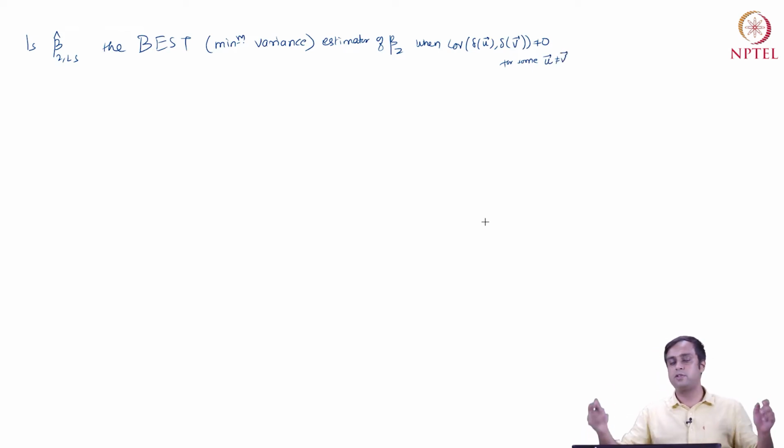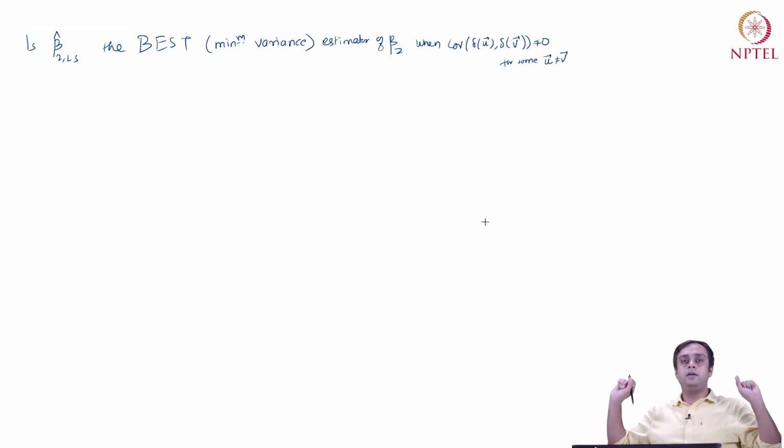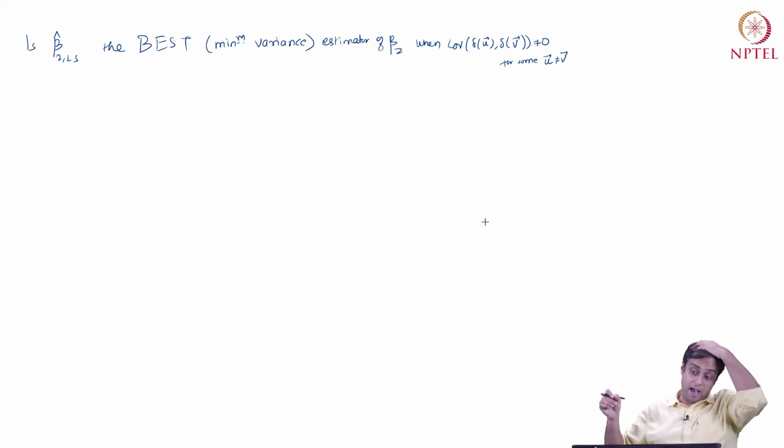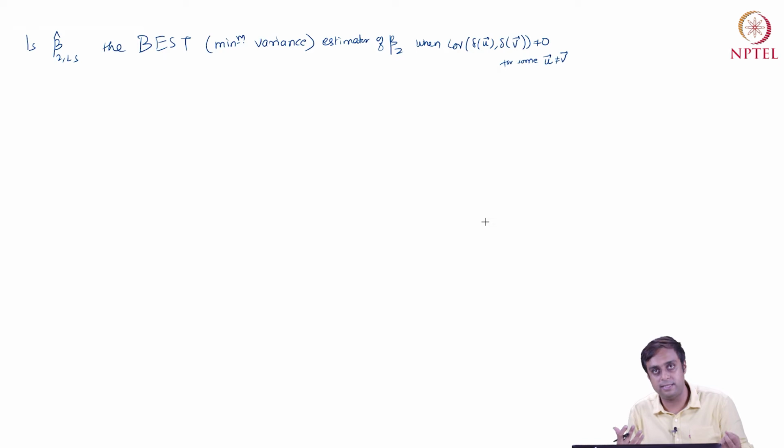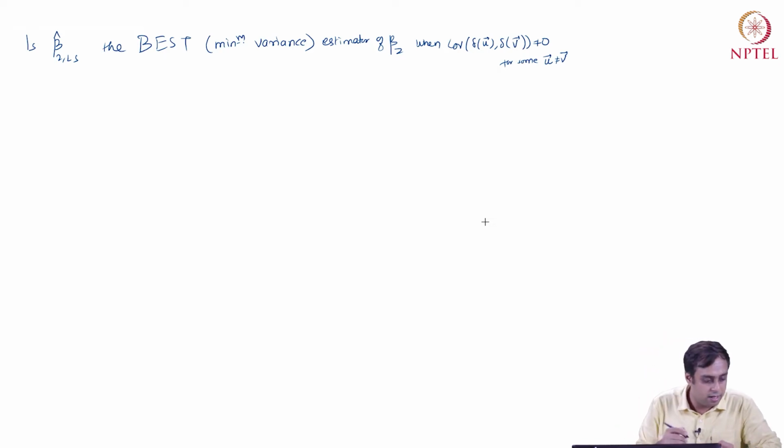Right? So some pairs of locations which are separated by a distance, or let's say a spatial lag, do we still have a best estimator? So now for that, we have to worry about beta hat 2 OLS.